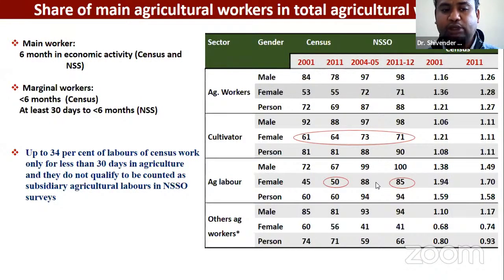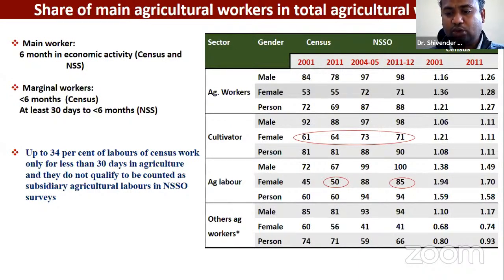From this difference, we can see that up to 34% of laborers are counted as marginal workers in the census although they worked less than 30 days in a year. That's why the census counts them as marginal workers and the level of worker estimates increases. But NSSO does not count those as subsidiary-activity workers or marginal workers.